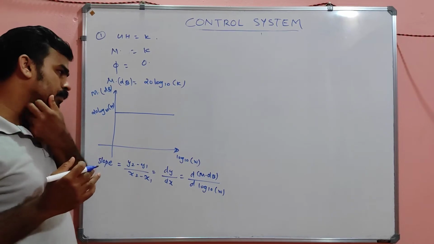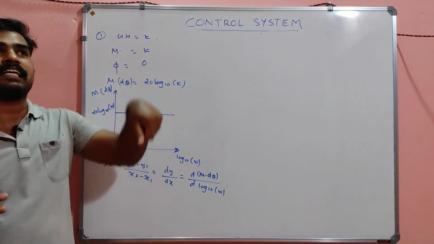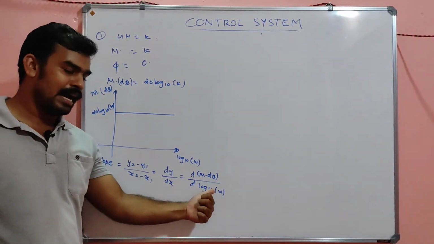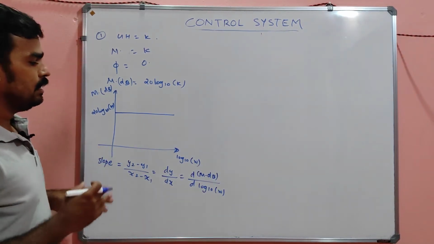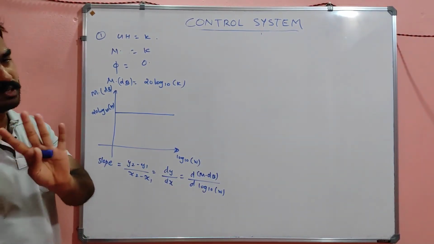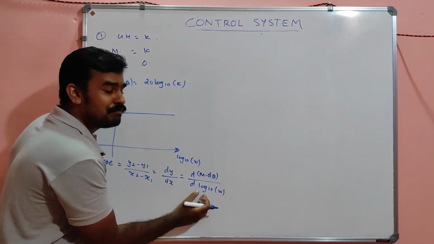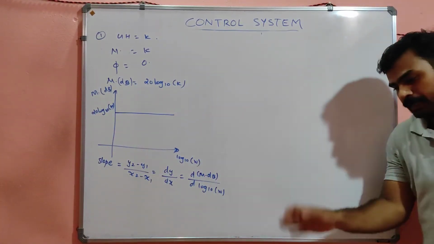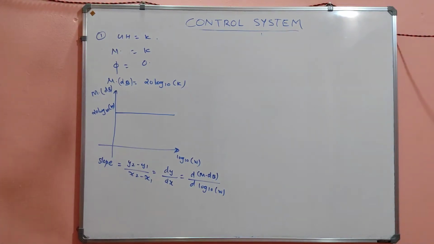So the slope of the log 10 to the base omega versus MdB graph is nothing but d by d log 10 to the base omega of MdB. Simply we have to differentiate MdB with respect to log 10 to the base omega, that's all.